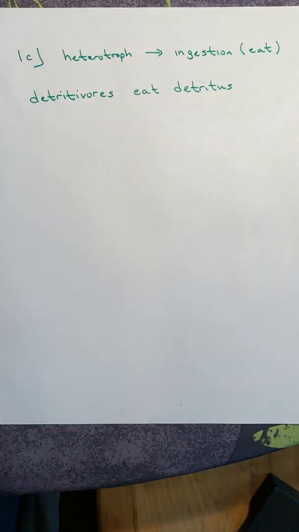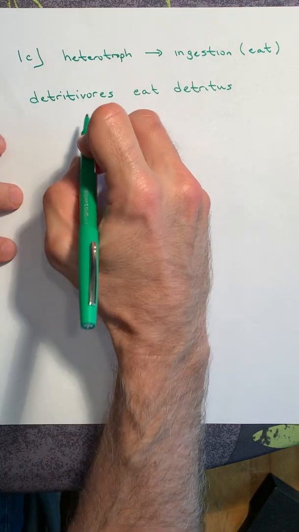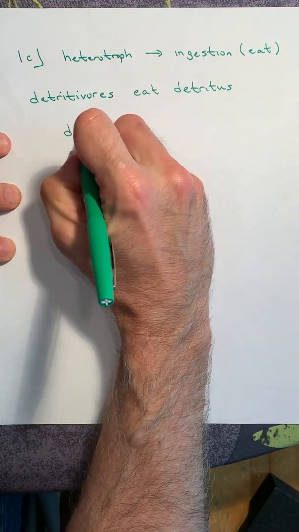I could then give you a Scantron test that says detritivores eat blank, and A could be dirt, and B would be detritus, and C would be, I don't know, water, right? And you could answer that Scantron question with detritus, and you would say 100%, excellent, and you still would have no idea what a detritivore is, because you don't know what detritus is. So let's define detritus.